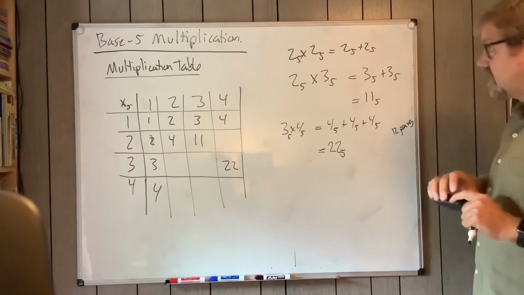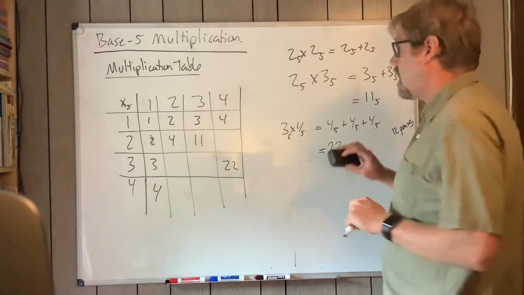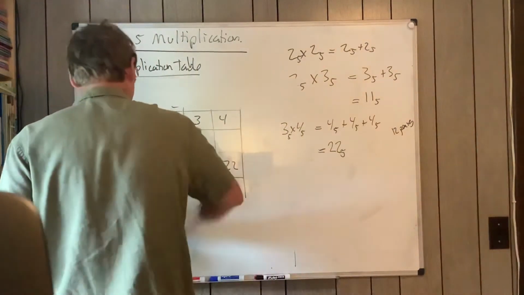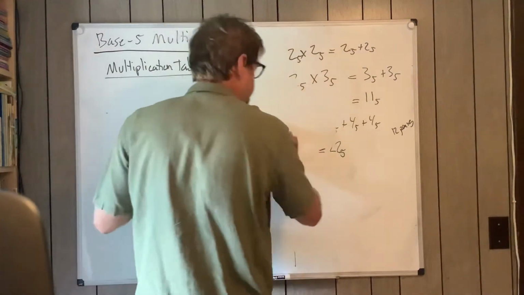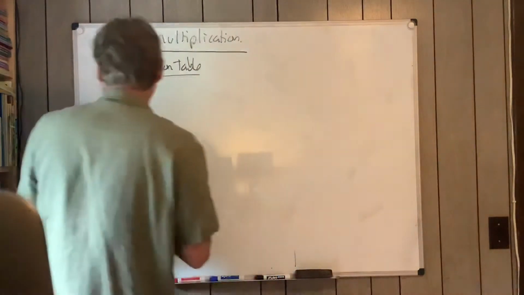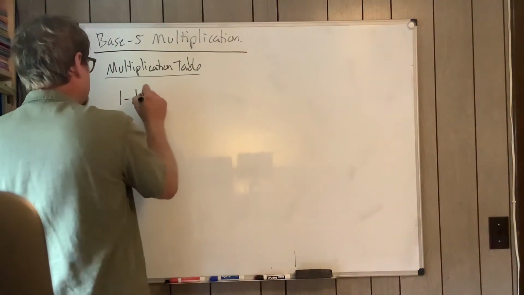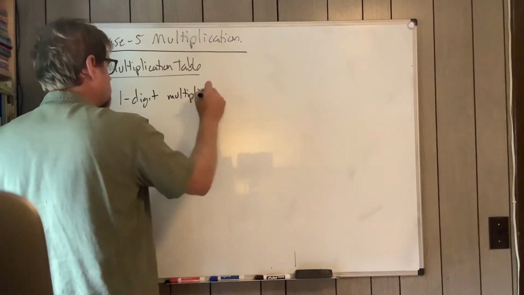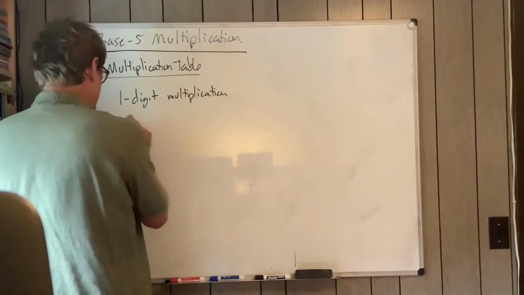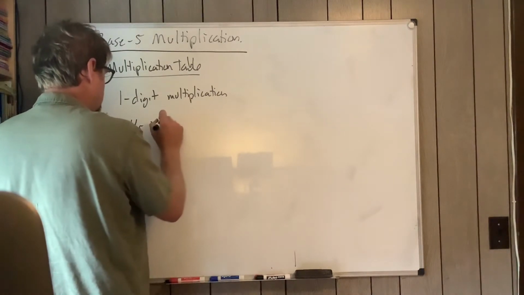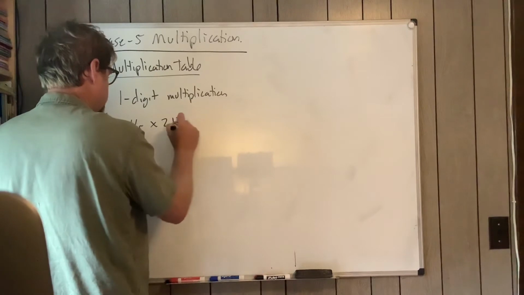So let's look at some other things. If we're doing higher order multiplication, I'm going to say 1 digit multiplication. So let's do 4 times 2, 1, 3 base 5.